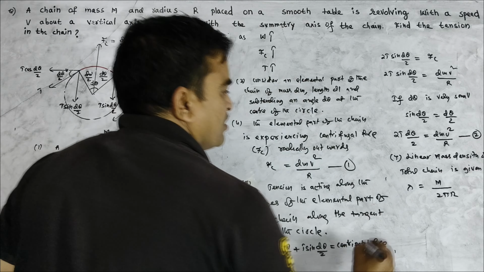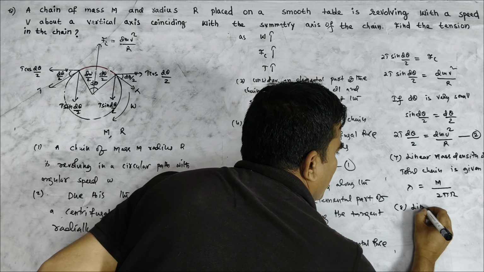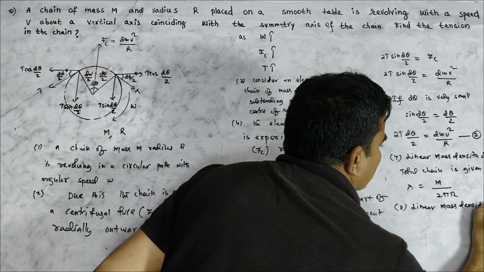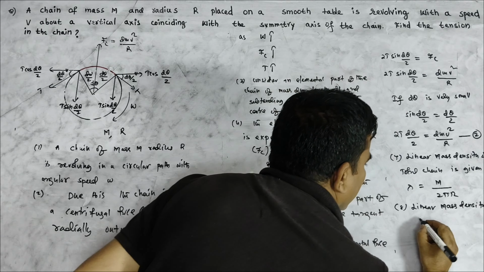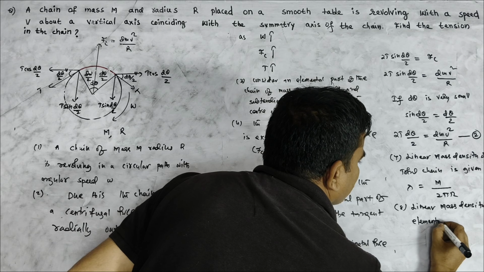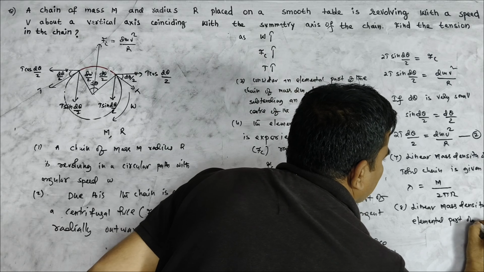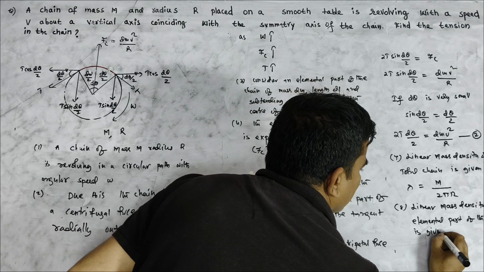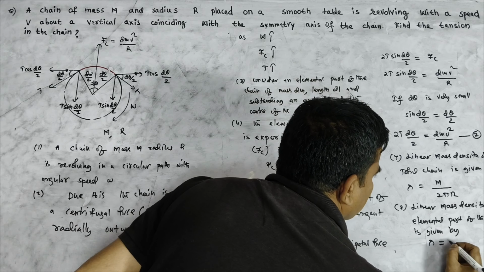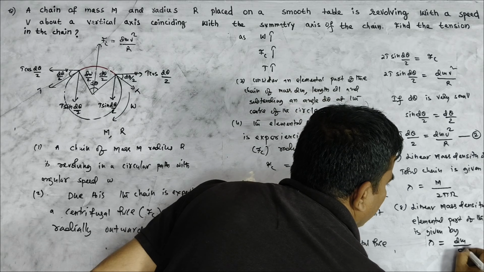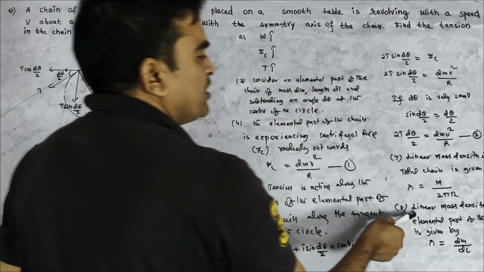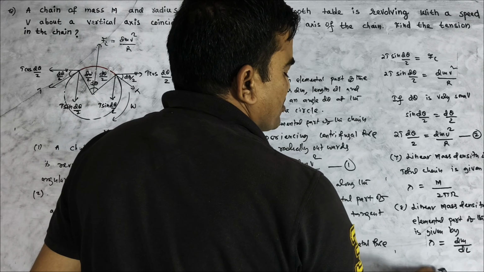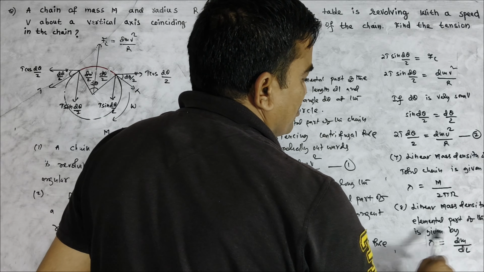And linear mass density of the elemental part of the chain is given by lambda is equal to dm upon dl, where dm is the mass of the elemental part and dl is its length.